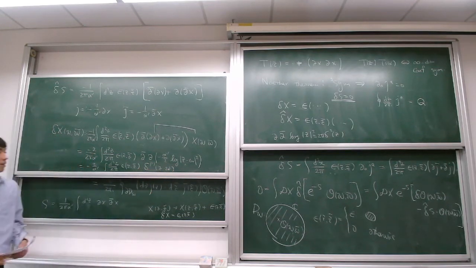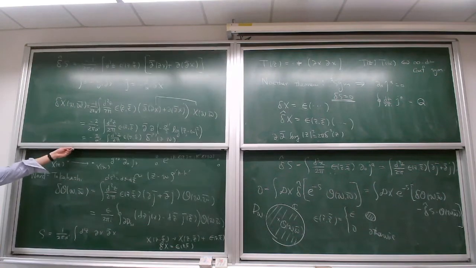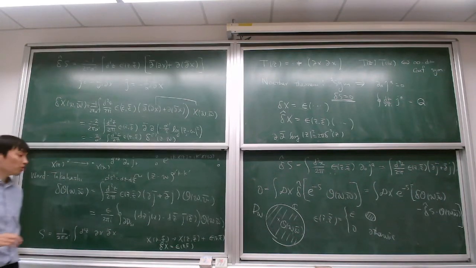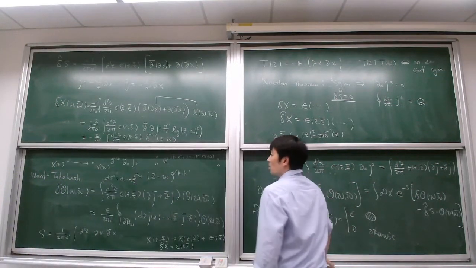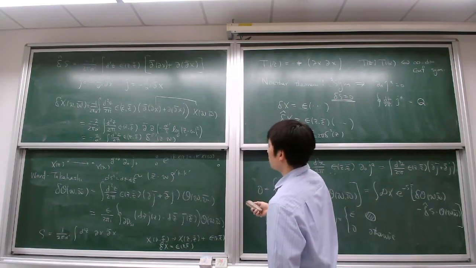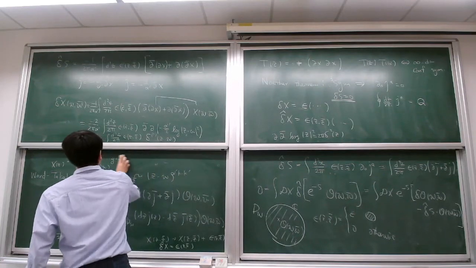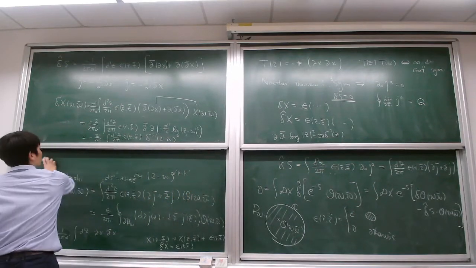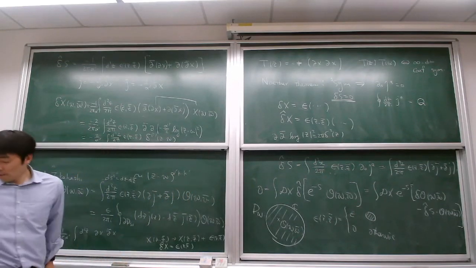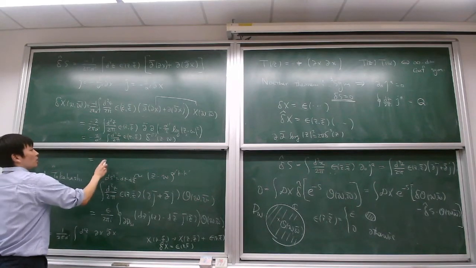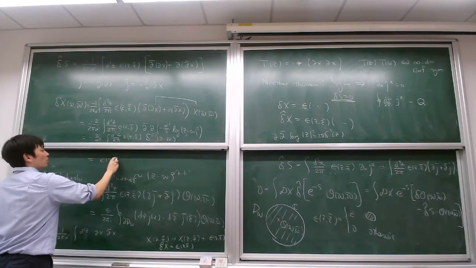Okay. Then you get the original equation. And then apply delta functions, and up to constant, it becomes epsilon w bar.